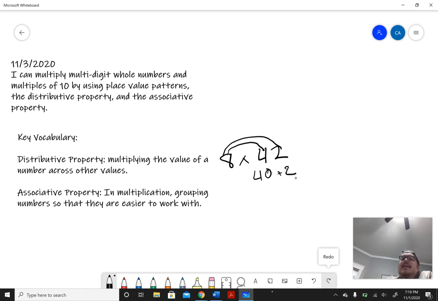Because 42 is the same thing as 40 plus 2, and I get 320 plus 16, okay? But like I said, that's just an example. We'll see it in action in a second. So we're multiplying the value of that 8 to other values across a number, okay?